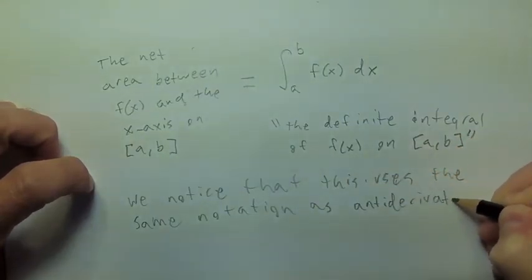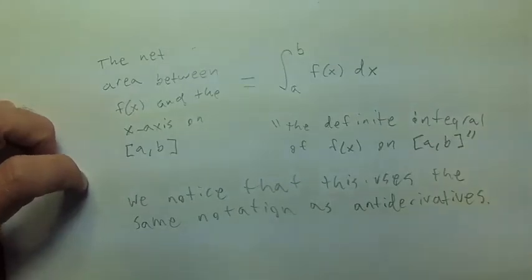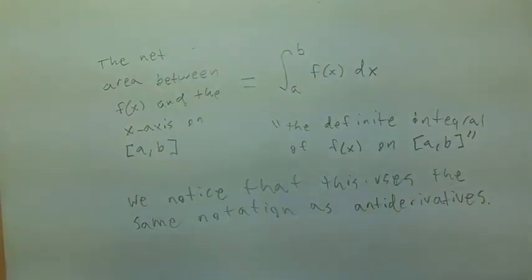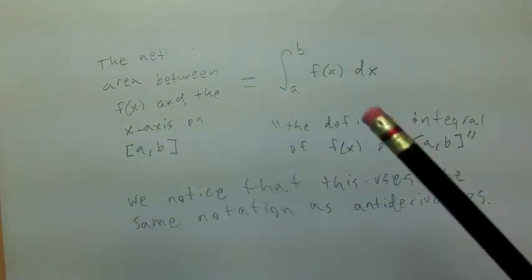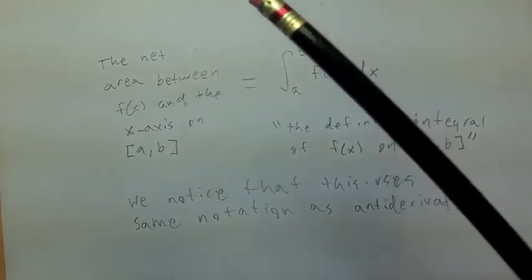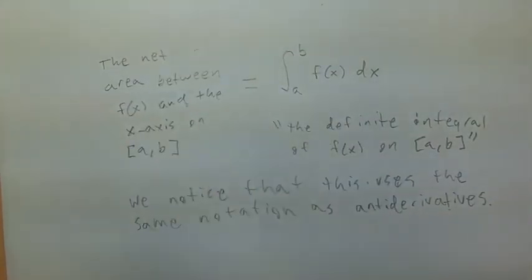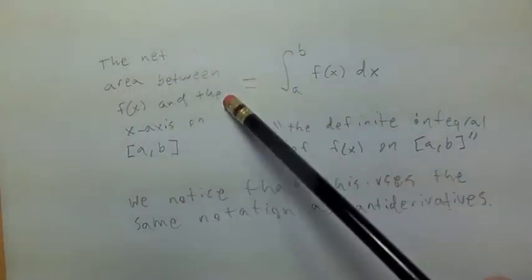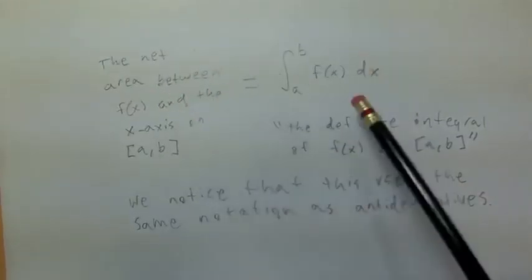And we give it the same name, integral. And there's a reason for that. That's not by accident, which means that this area is very closely related to the antiderivative.